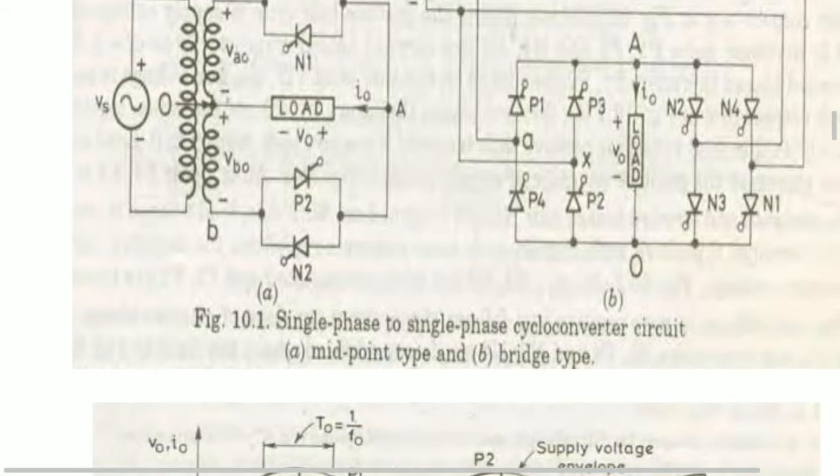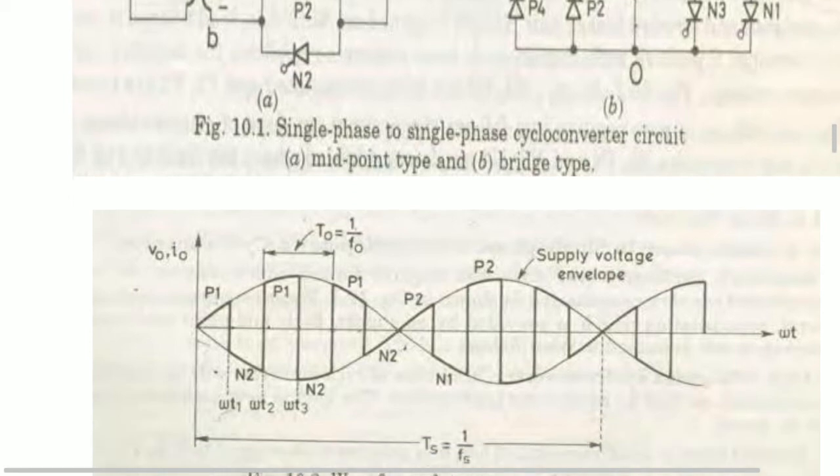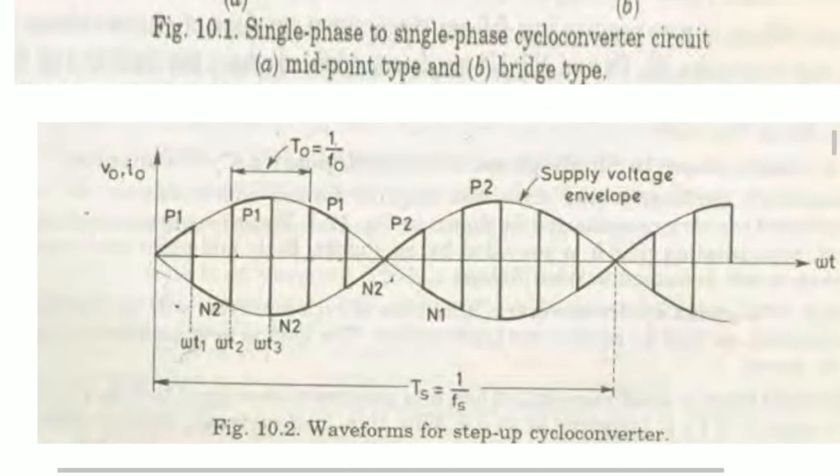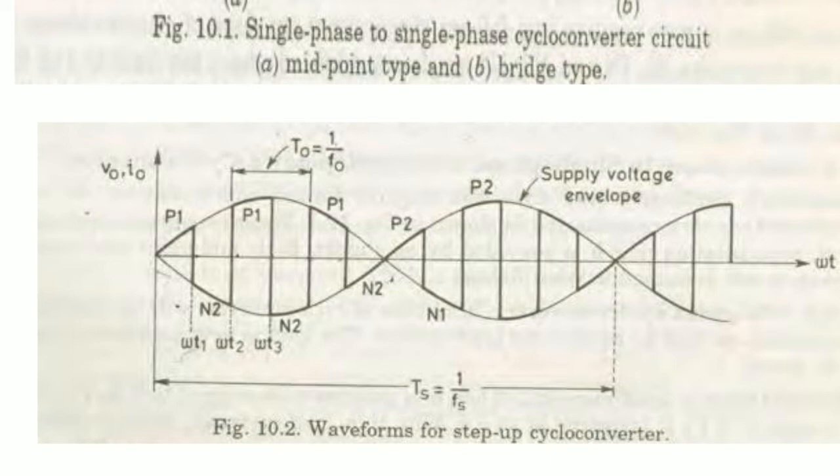For the first, we trigger P1. Then after getting some voltage, N2 will be triggered. N2 will provide reverse voltage, so there is a negative path in this diagram. After turning off N2, we again turn on P1 after point omega T2.